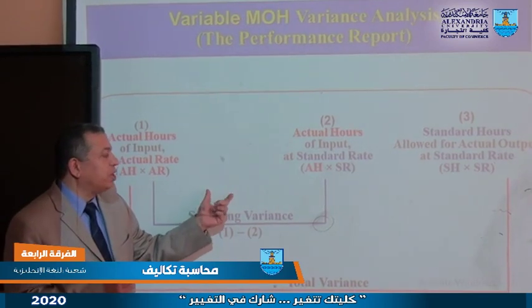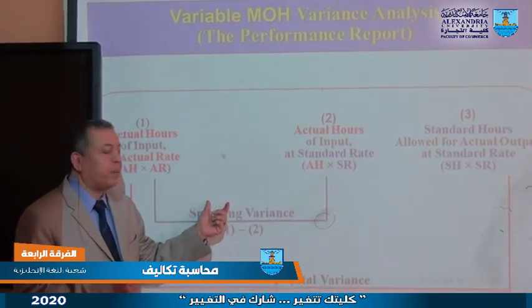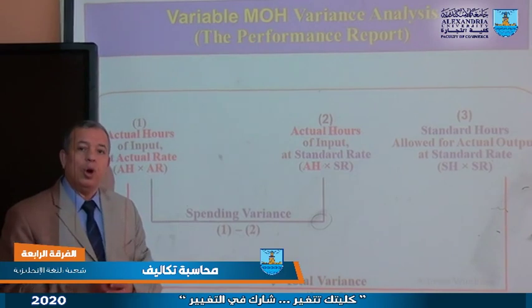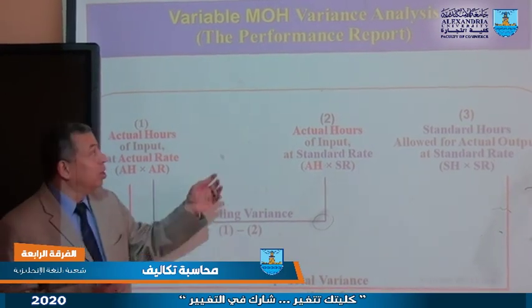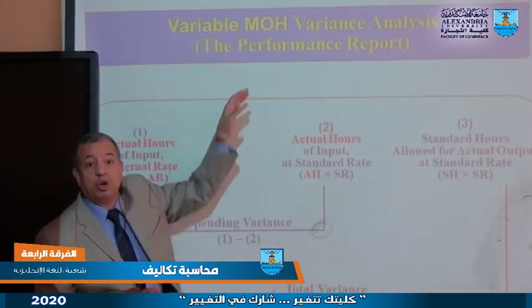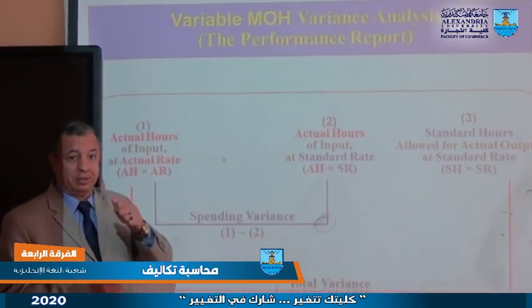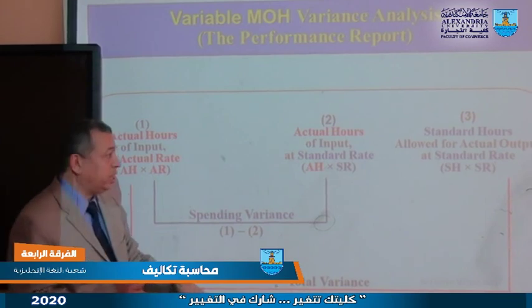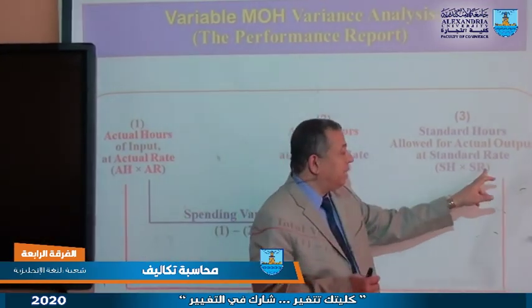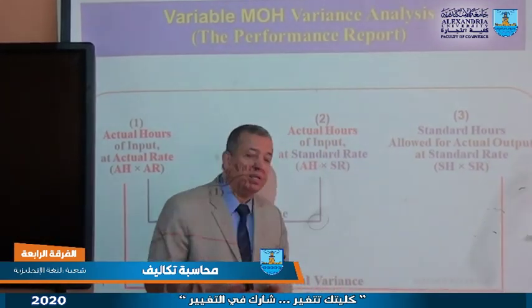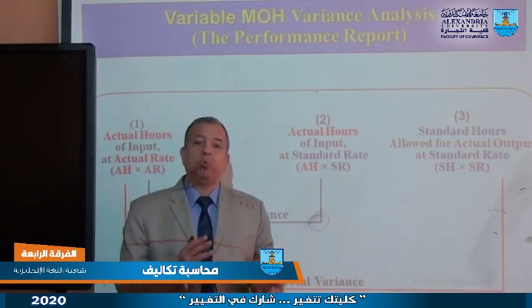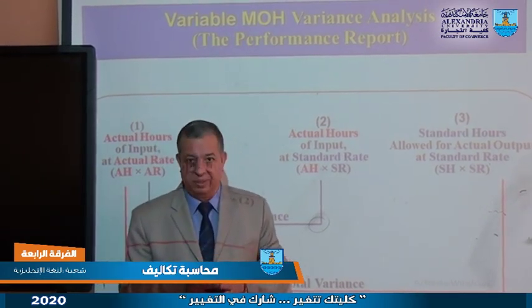In direct material, this part will be price variance. In direct labor will be rate variance. For variable manufacturing overhead, we say spending, rate, price. The second part here, I have the same standard rate, but the difference between hours. The difference between hours, we say efficiency.